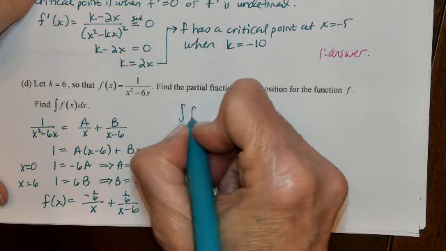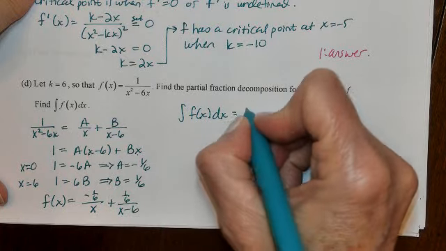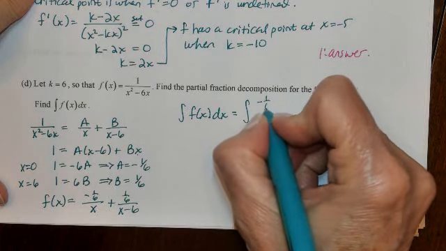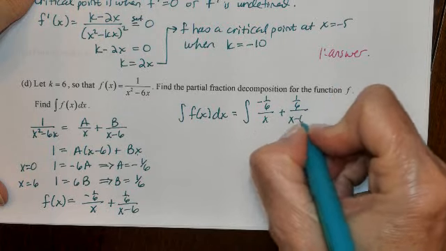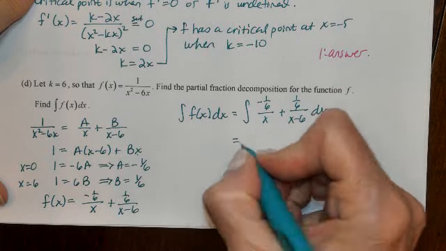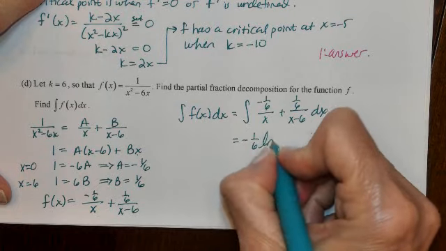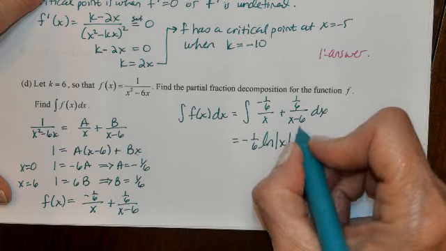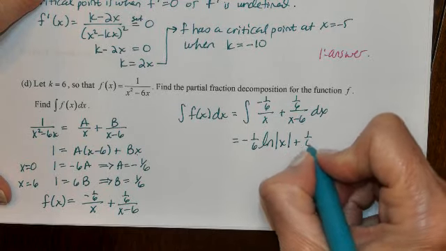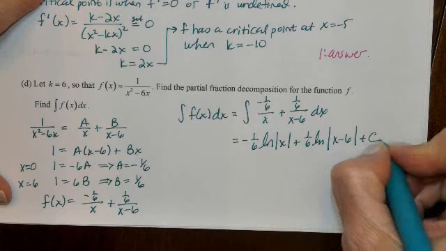And now I can come and find the integral of f of x using that partial fraction decomposition. And now it's a very simple little integral for us. Negative 1/6 natural log absolute value x, and the derivative here is 1, so plus 1/6 natural log absolute value x minus 6 plus c.